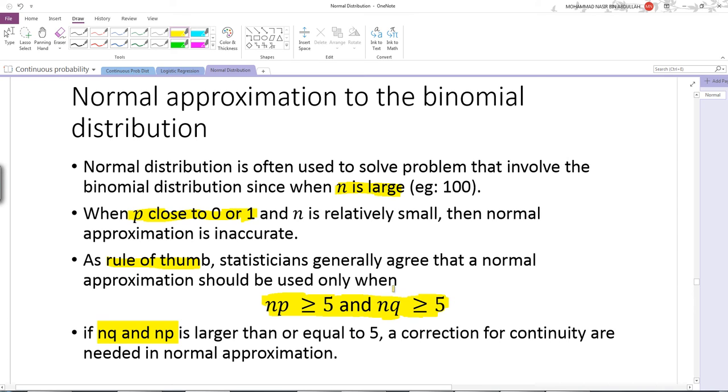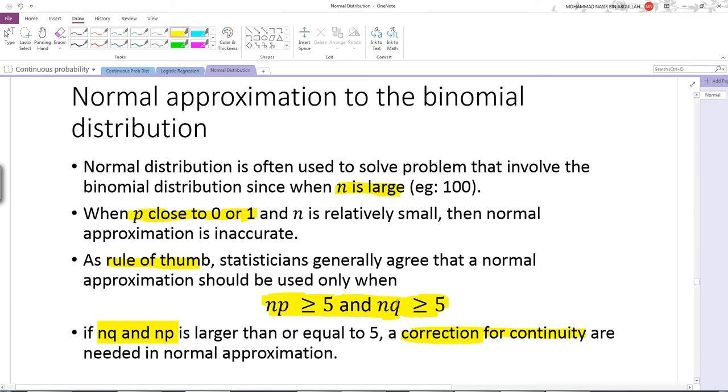We need to remember that the binomial distribution is a discrete random variable, and the normal distribution is a continuous random variable. To convert from a discrete random variable to a continuous random variable, we need to apply the correction of continuity method, where we add 0.5 or subtract 0.5 to the problem.